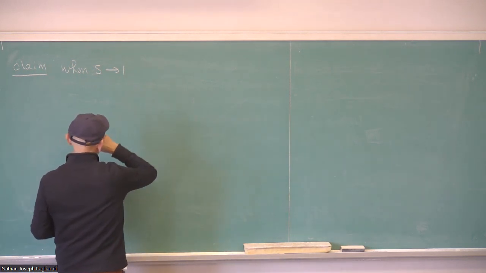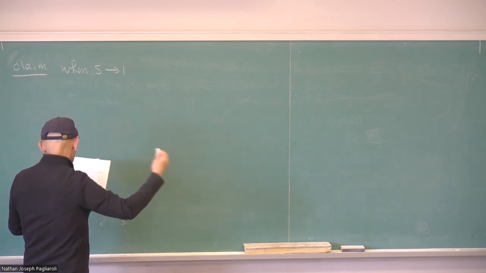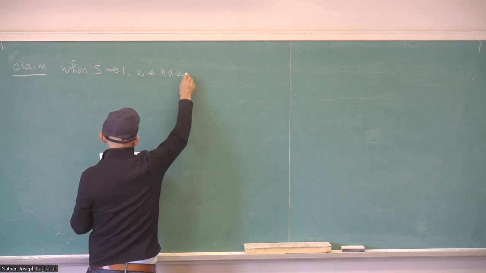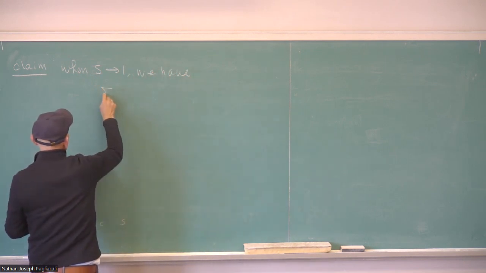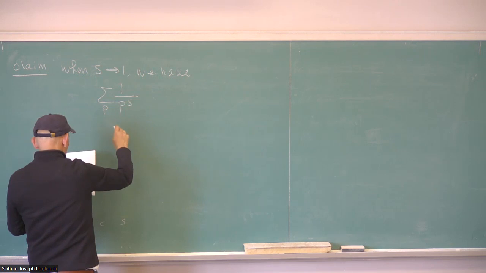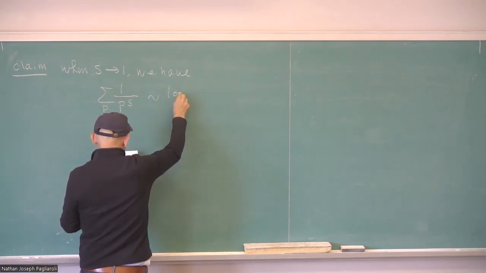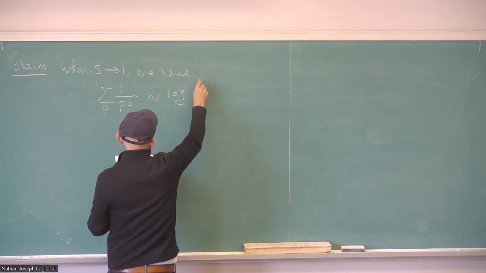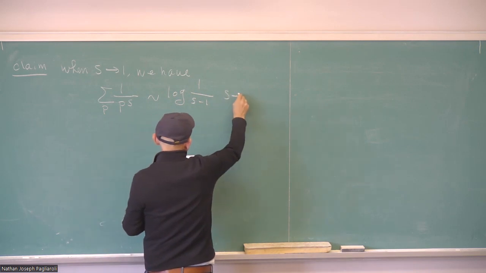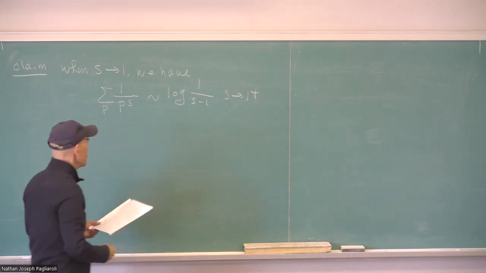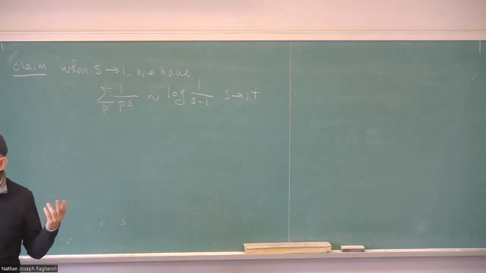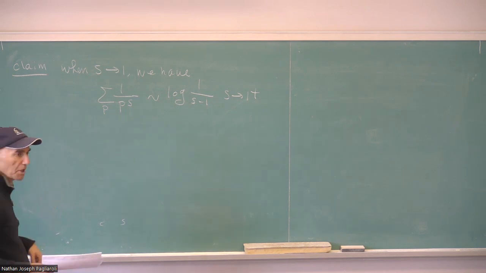Let's say from real numbers on the positive side, we have the sum of 1 over p^s over primes p is asymptotic to log of 1 over s minus 1 as s goes to 1 plus. Working just with real numbers, it makes sense to take the log of the positive real number 1 over s minus 1, since s is bigger than 1.